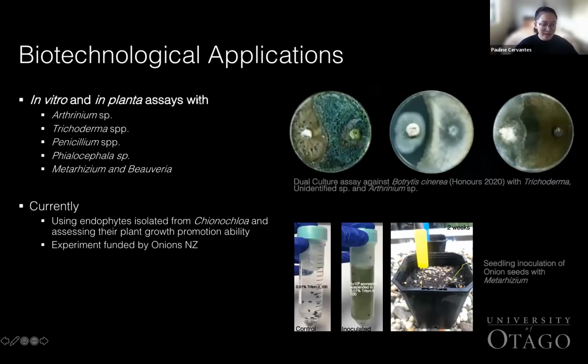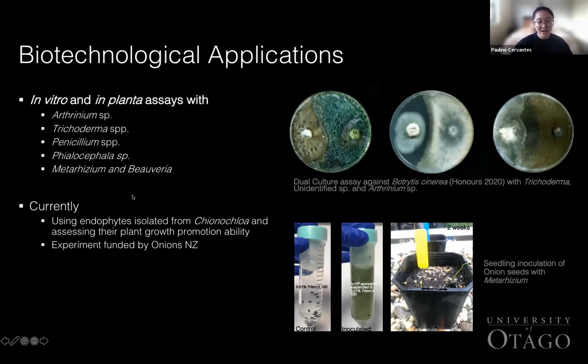So looking at how these endophytes can be applied outside of their host Chionochloa, I then want to continue looking at Arthrinium, Trichoderma, Penicillium, Phialocephala, and the entomopathogenic endophytes, and assess in vitro what their potential ecological functions might be.